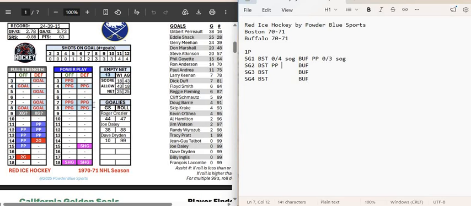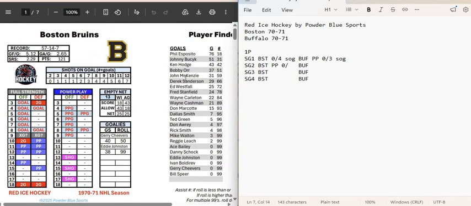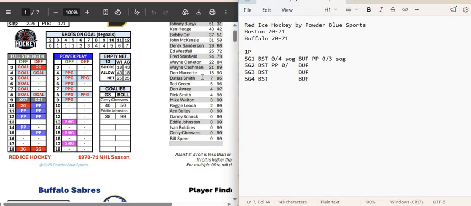I'm still looking at Boston's chance to score, but I'm using Buffalo's ability to stifle the power play. And I'm going to roll a 10. 10 is no goal. So power play, no goals scored, and our shots on goal, 9 for Boston. Boston's going to get 4 more shots on goal.